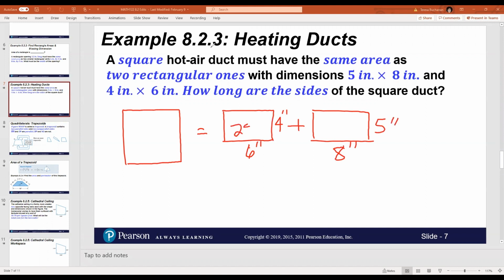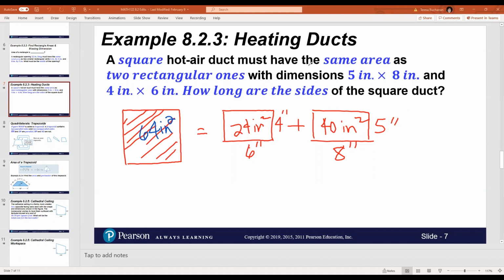So this is again 24 inches squared. This is 40 inches squared. So we know that what we're after is a total here of 64 square inches. This time though, instead of a rectangular duct, this thing is squared. That's the difference. And so how long are the sides then? How long are the sides of that square duct?